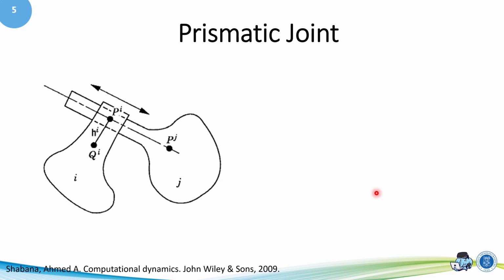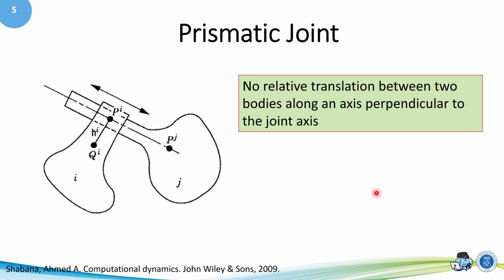The next characteristic of the prismatic joint is no relative translation between two bodies along an axis perpendicular to the joint axis. So, here, this one is the joint axis, and we need to define Rpij, the vector that is parallel to the joint axis. As you can see here, the vector from Pj to Pi.